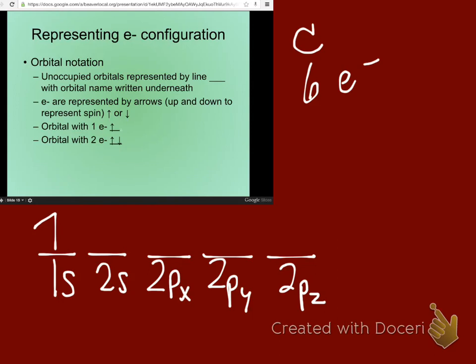Would it involve stair climbing to get to 2s? Yes. So we're going to fill 1s before we go on to the next level. So now we have 2 electrons placed. Where's the next place electrons are going to go? 2s, next energy level. Okay, we got 1. Where's the second electron going to go? Right next to it. So we're up to 4.